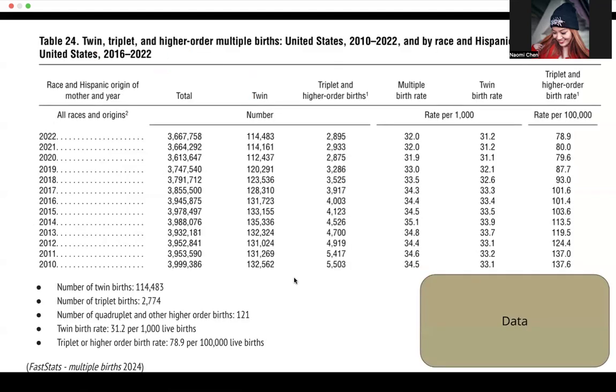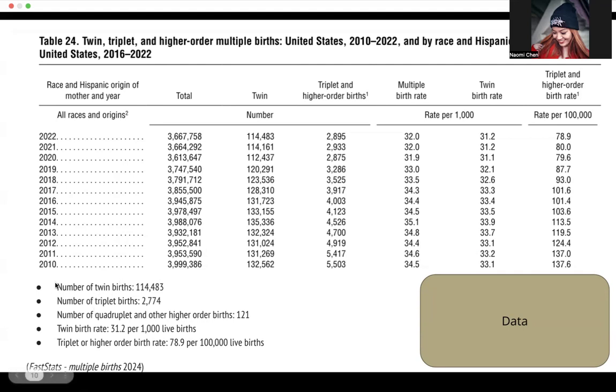Let's talk about data. This table shows data for twin, triplets, and higher order multiple births in the United States from 2010 to 2022.